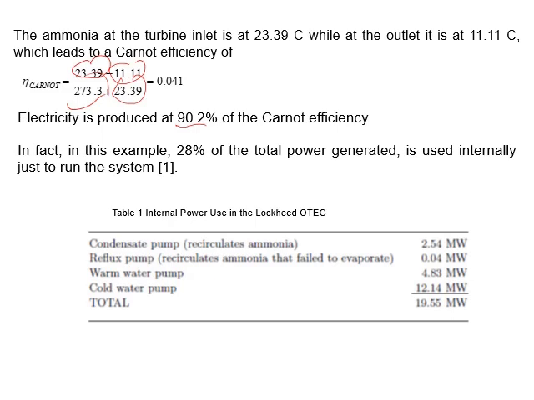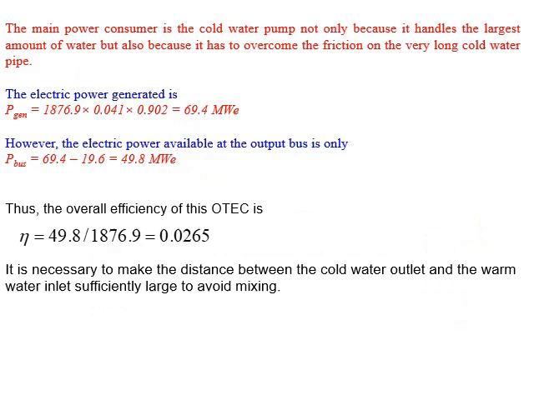And further, 28% of the total power generated will be consumed in the pumps. The breakdown of this is here, as you can see: condensate pump, reflux pump, warm and cold water pumps. Altogether, 19.55 megawatts is the consumption in these pumps.